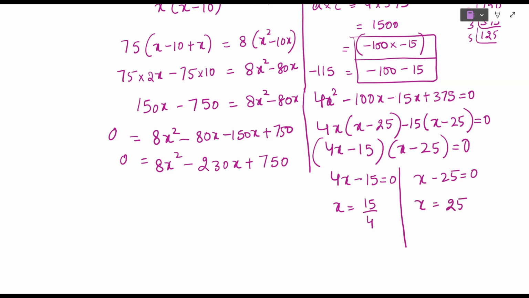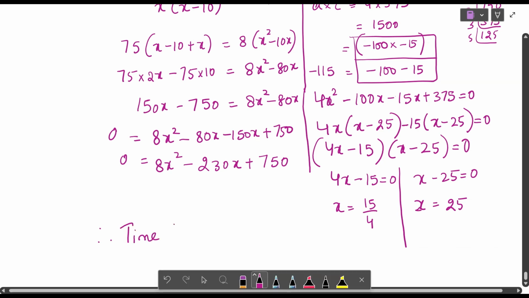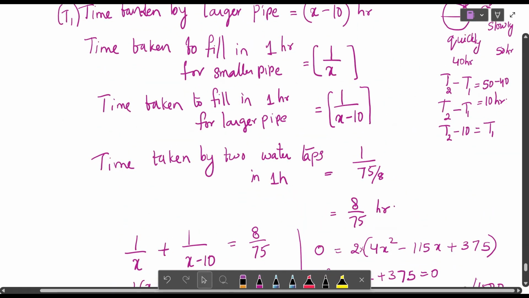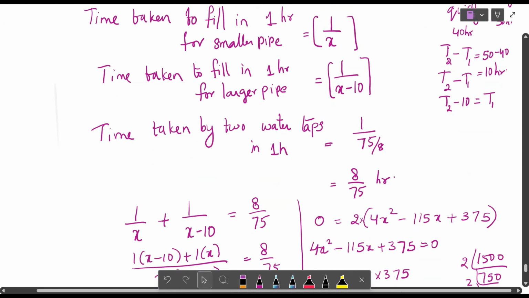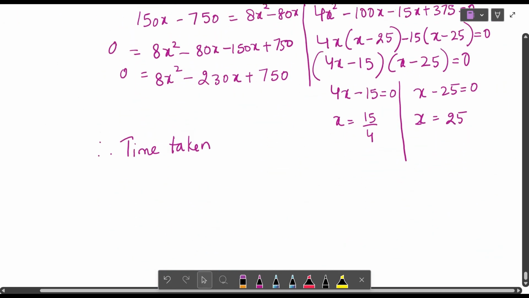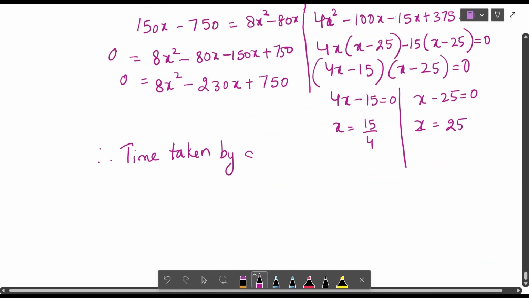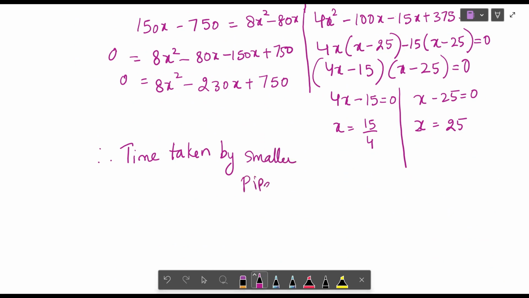So which value do we have to take? What we have taken above: time taken by the smaller pipe is x. So that is 25 hours.